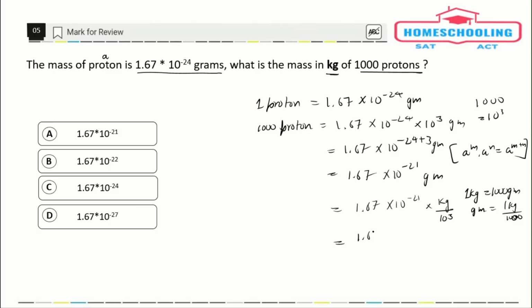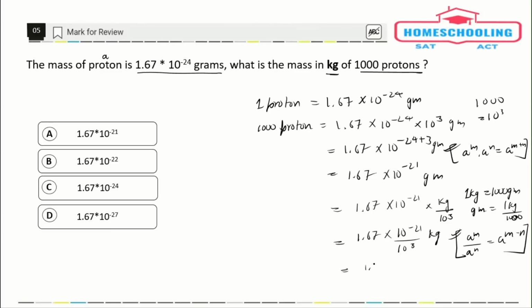So this is going to be 1.67 into 10 to the power minus 21 divided by 10 to the power 3 kgs. We have read in the exponent chapter that a to the power m divided by a to the power n is equal to a to the power m minus n. Both of these formulas we have read in the exponents chapter.